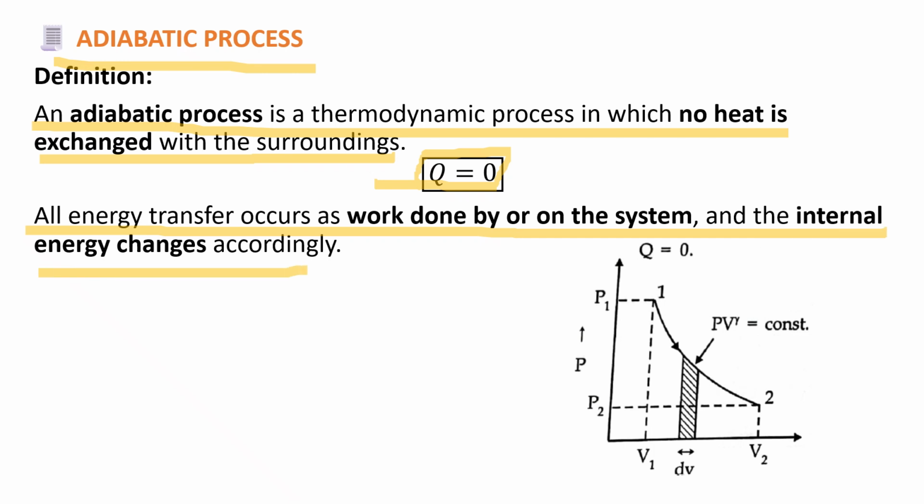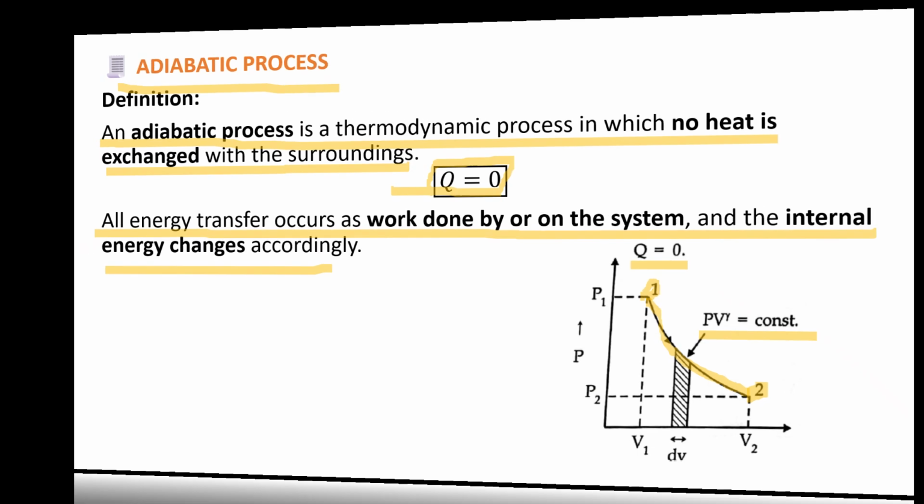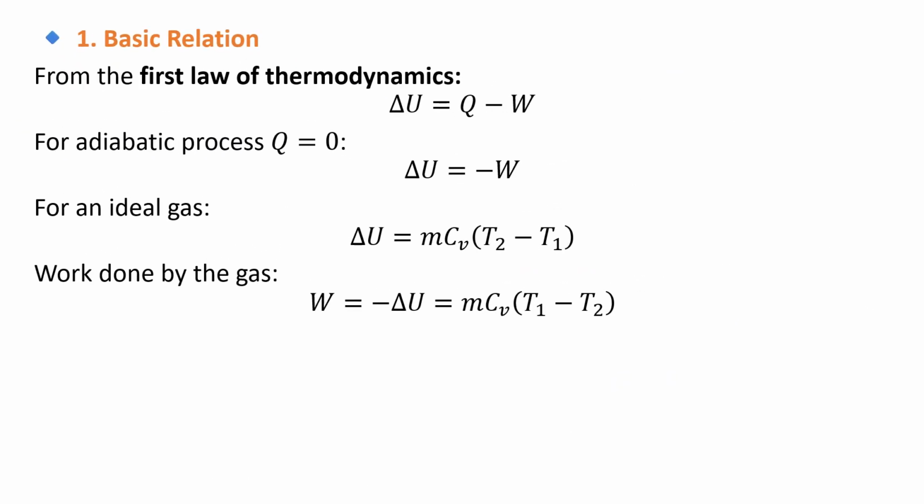In this case, Q is 0 and your initial state has coordinates P1 V1, the final state has coordinates P2 V2, and the process shown here with the curve is an adiabatic process where heat transfer is 0.